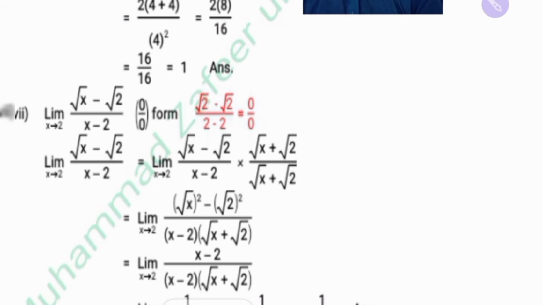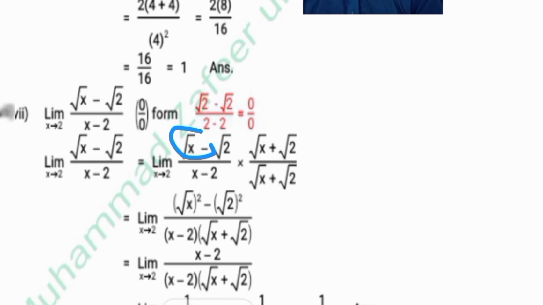A lot of times we have to rationalize here as there is square root, and 99% of people will tell that if the square root is in the denominator, then we will rationalize. It's wrong.